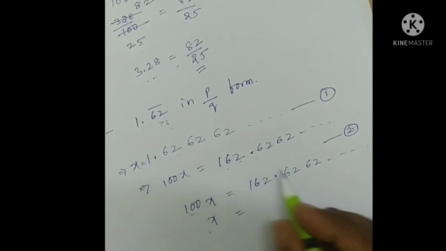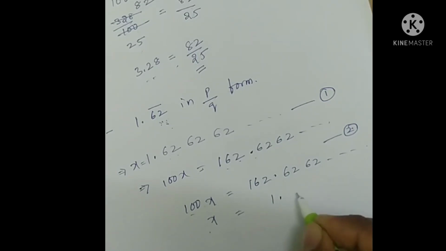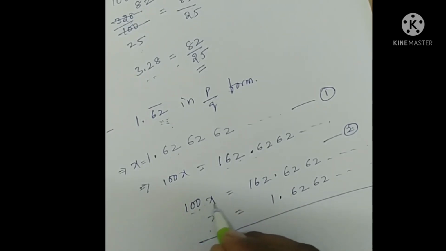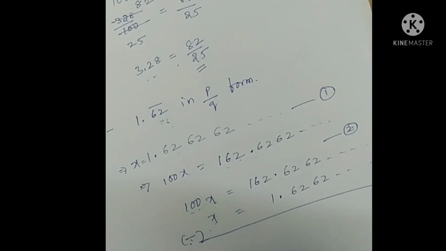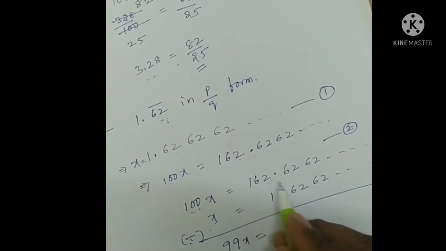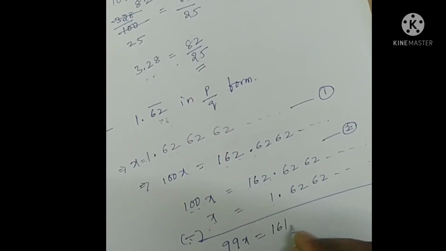Here x value is 1.62, 62 and so on. So here 100x minus x, here operation is minus. 99x is equals to 162 minus 1 is 161 point.